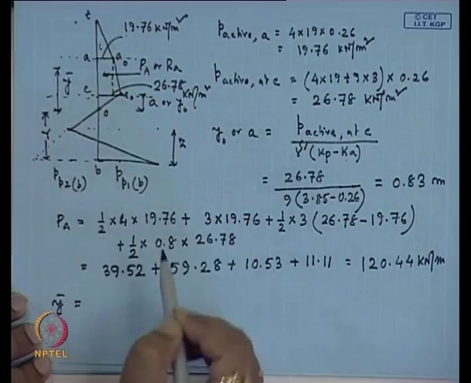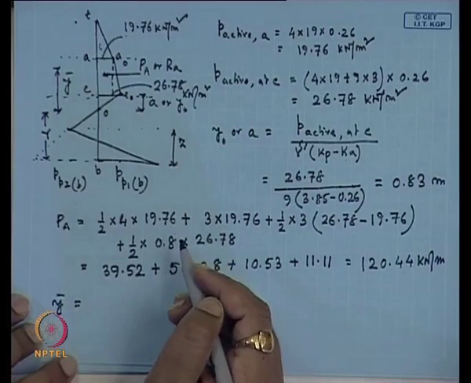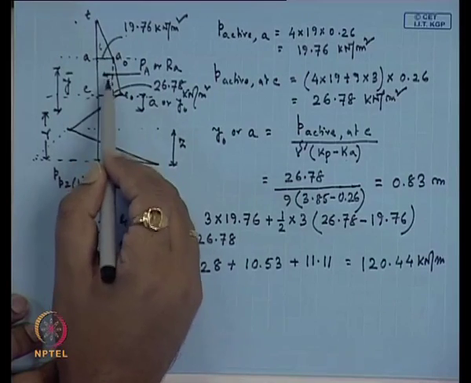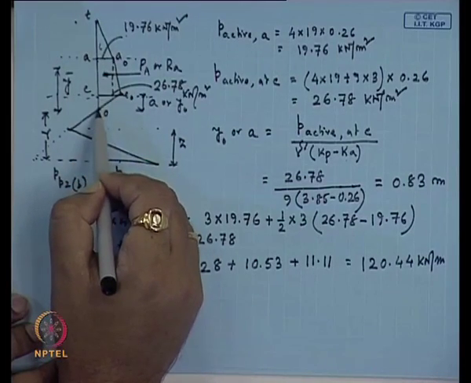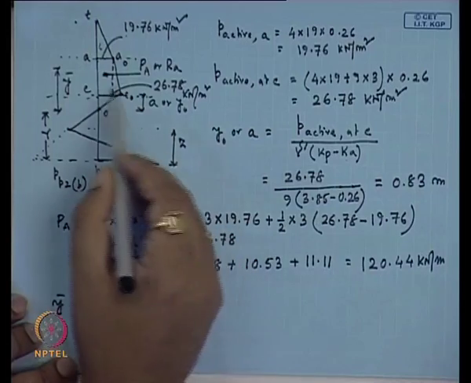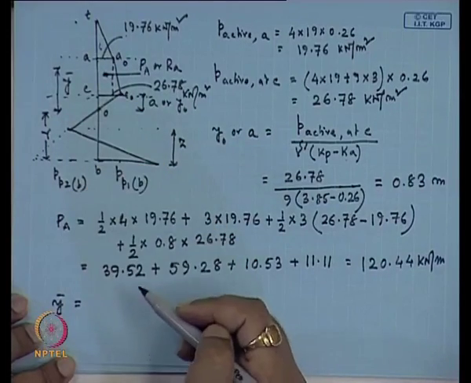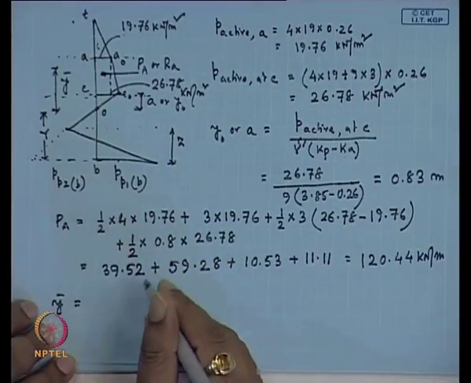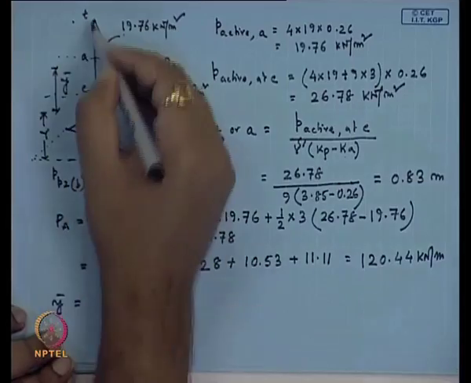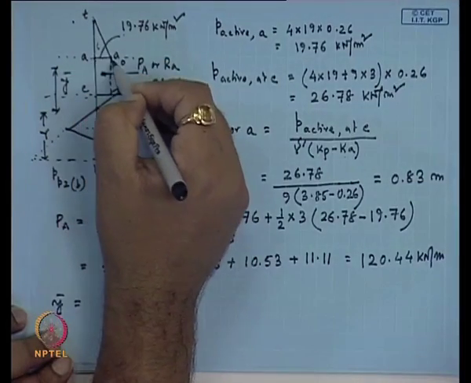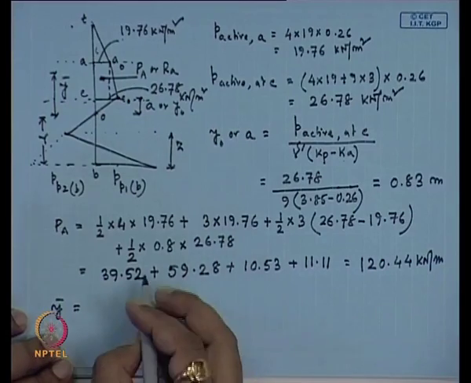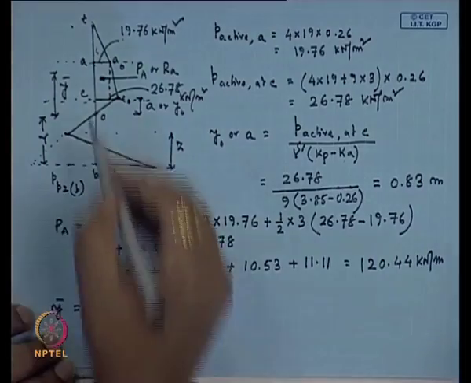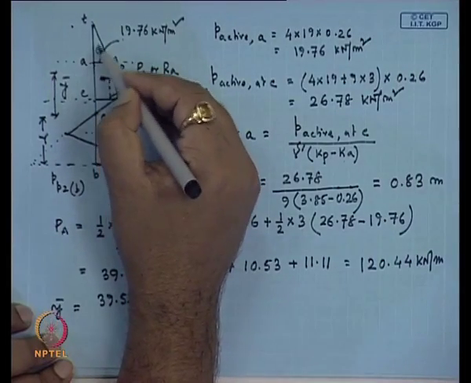The distance of the force acting at different areas from the O point, we have to multiply with the force of each area and divide by the total force. If we consider the first triangular portion, the total force is 39.52, which is acting at 1/3 of this triangular area from the base.